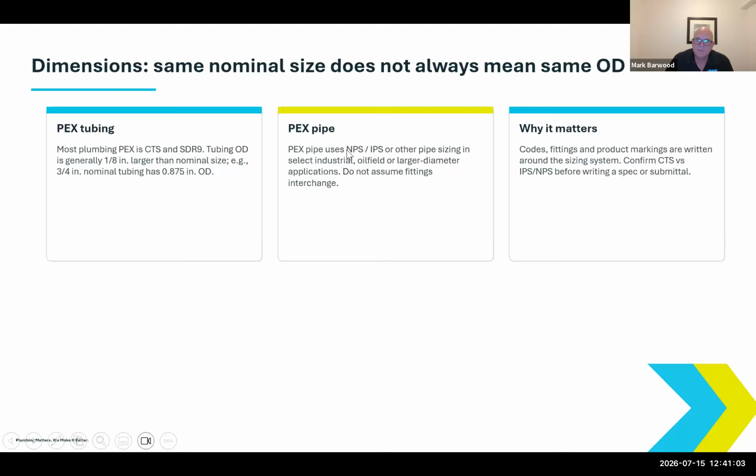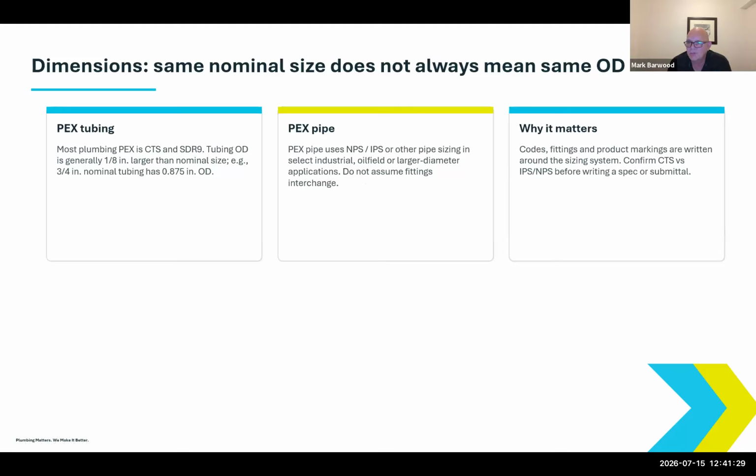PEX pipe uses NPS, iron pipe, or other piping sizes. So we do talk about 1/2 inch, 3/4, 1 inch, 15 millimeter, 19. I can't remember, I always have to Google it to go back to millimeters. Why it matters: codes, fittings, and product markings are written around the sizing system.